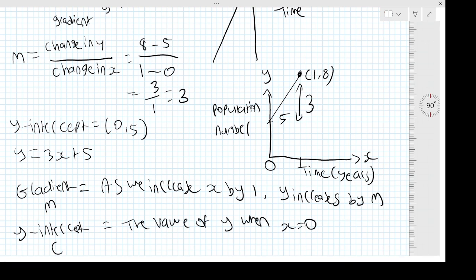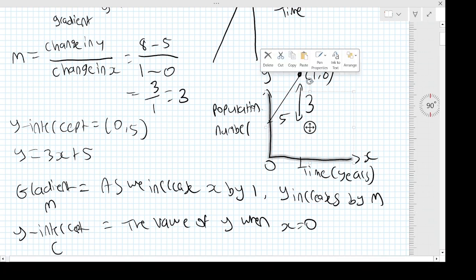In this real life situation I'm describing of a population number and time, when x is 0, that is when time is 0. That's the initial time that we're starting. So when time is 0, the population number is 5 here. That's telling you 5 is the initial population, okay?